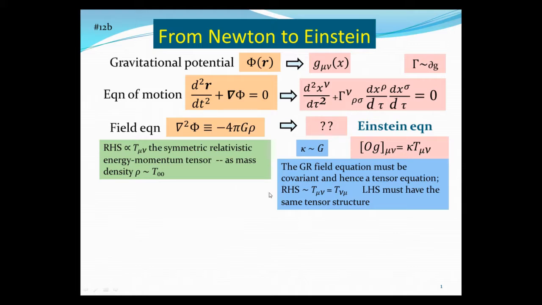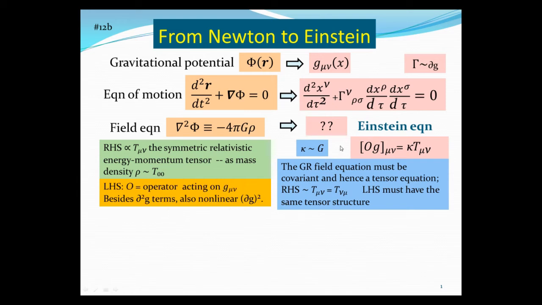The left-hand side of this equation, we expect some operator acting on the potential, because the Newton equation has a differential operator acting on the gravitational potential. So we expect some operator acting on the metric tensor. We expect both the second derivative with respect to the metric tensor as well as a nonlinear first derivative squared. So this is g, this is g squared, so it's nonlinear.